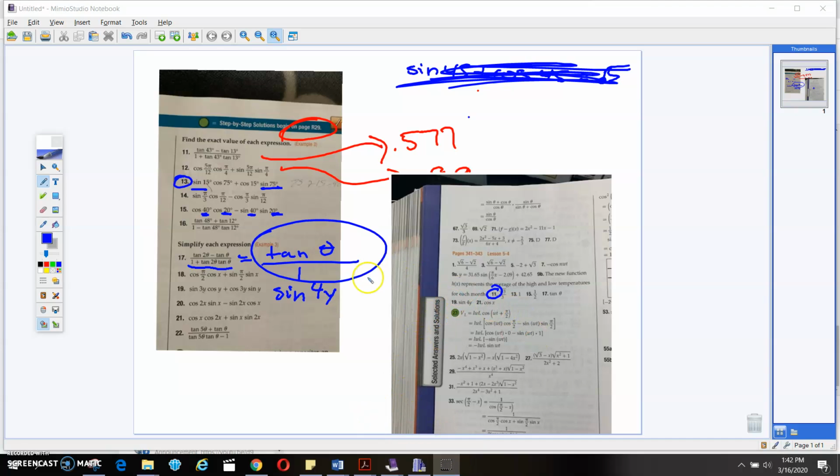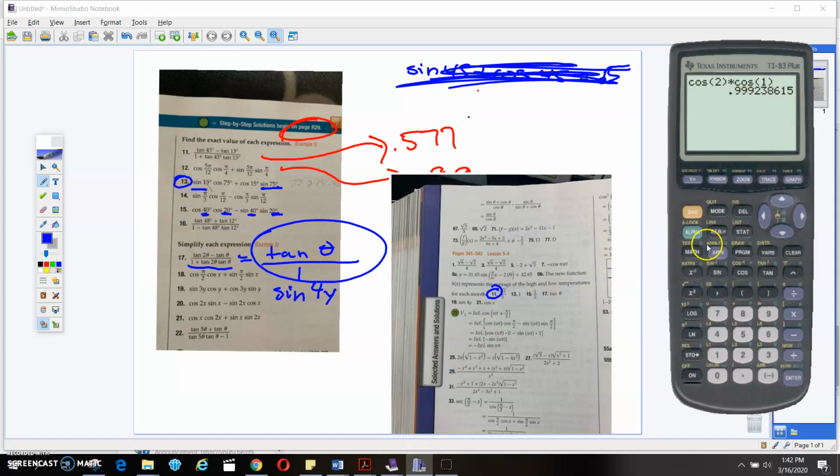Here we go. All right, so if I have that, I'm going to do plus sine of 1 plus parentheses sine of 1 sine of 2. And we see that it's almost equal to 1.